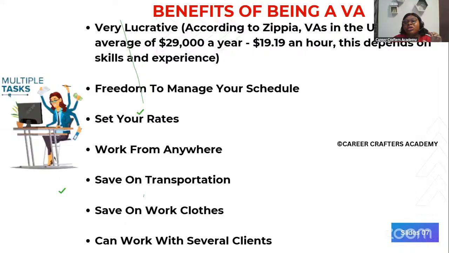According to Zapier, virtual assistants based in the US make an average of $29,000 a year. That's about $19 per hour. So the amount you'll be paid is not fixed. It's not like they pay everybody the same thing. It depends on your skills and your experience. That's why you see someone say, I'm earning $10 per hour, or I'm earning 15. You see someone say, I'm earning $3.